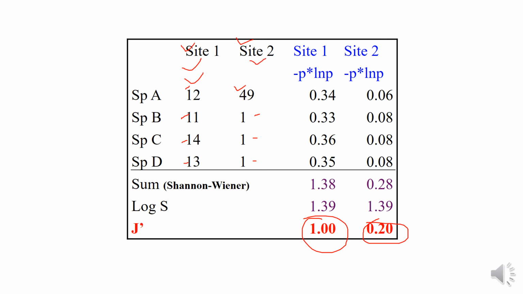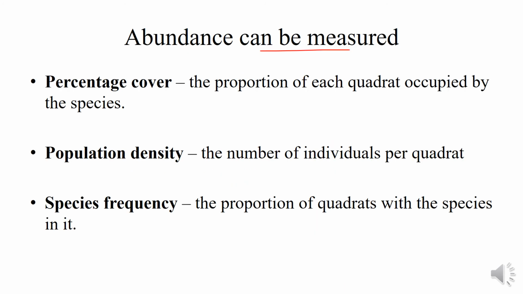Abundance can be measured in percentage cover, meaning what percentage of that particular region or area each species occupies. Population density I have already talked about: in the total area, how many individuals there are, so individuals per quadrat.